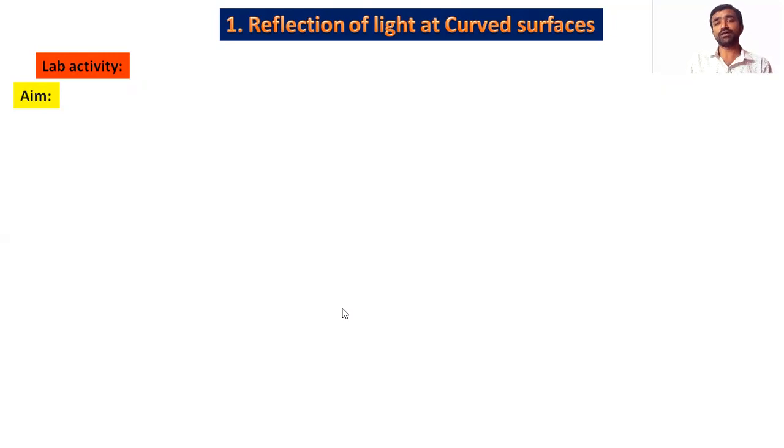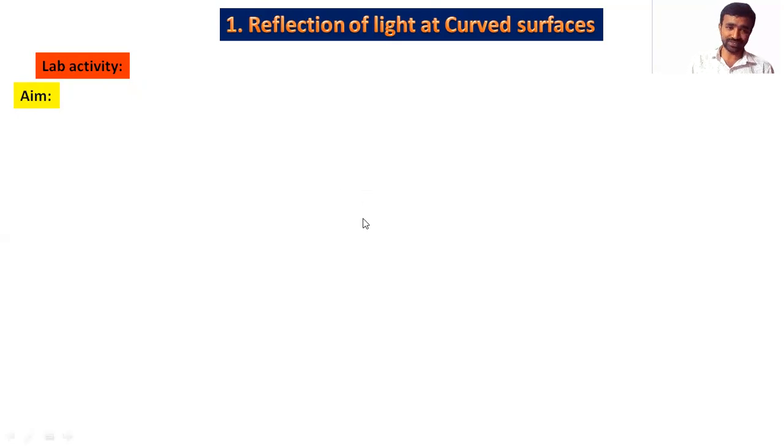After that, we'll go for the procedure. After completing the activity, we will write the result or conclusion. Before that, if you made any observations, we will write those observations also. It may be point-wise or in a table. So observations, generalization, conclusion or result, whatever it may be, you can write.